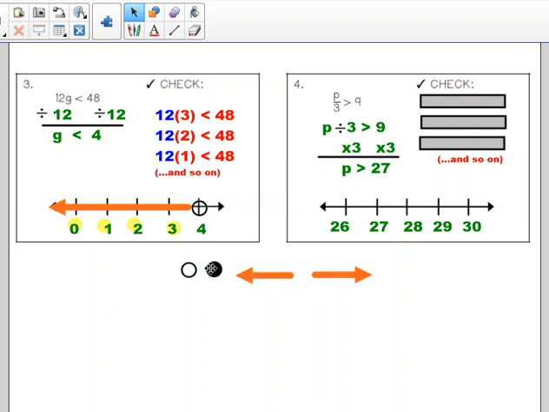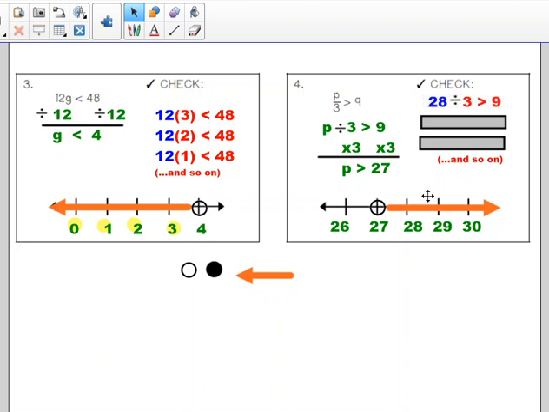So we want to use an open dot on 27 because our solution set cannot be 27, but it will be everything more than 27. So I want 28, I want 29, I want to go this way with my arrow, with my solution set. It could be 28, it could be 29, it could be 30, and here's how we can check that.